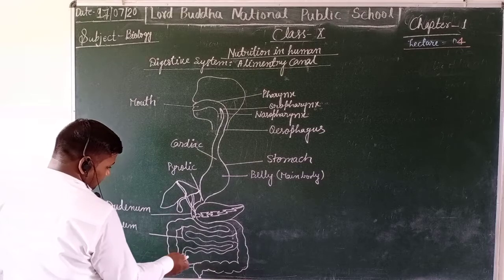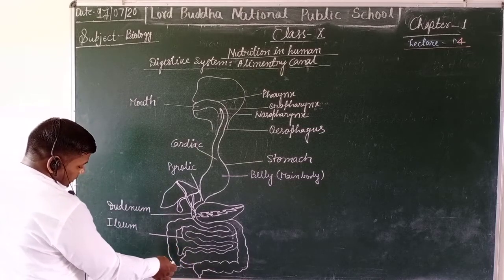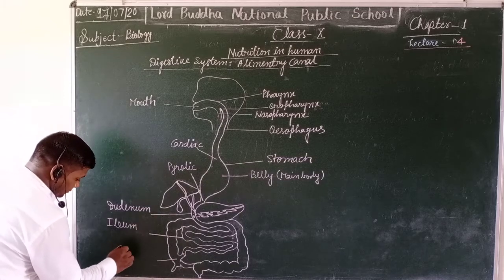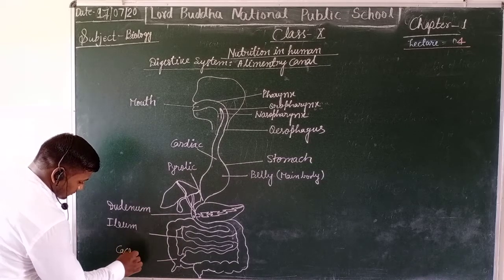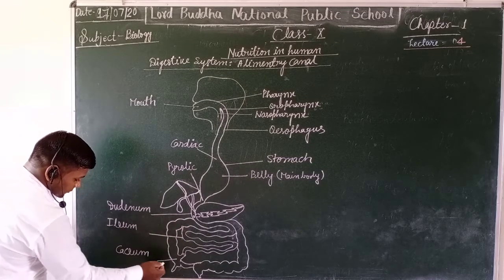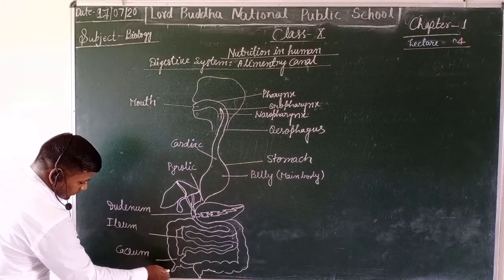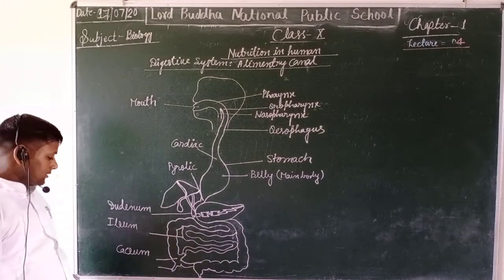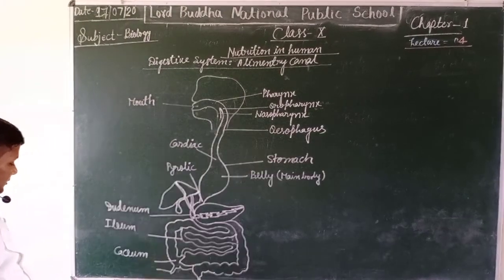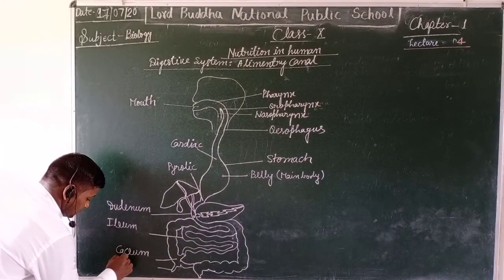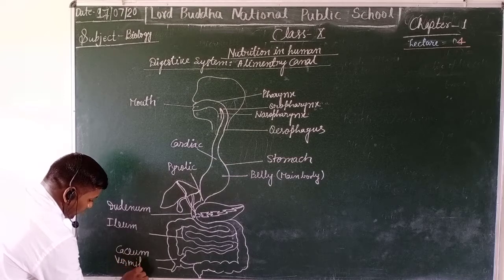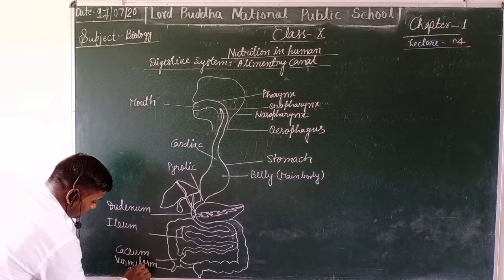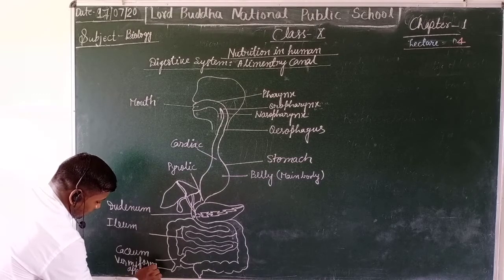The food enters into the first part of the large intestine, that is the cecum. In the cecum, a single finger-like projection is present, that is called the vermiform appendix.